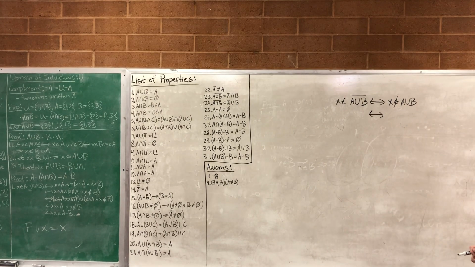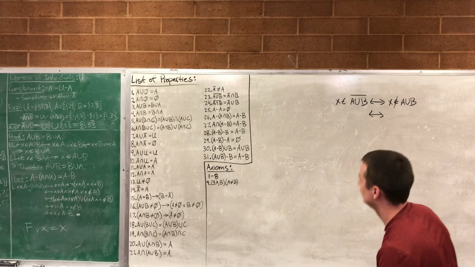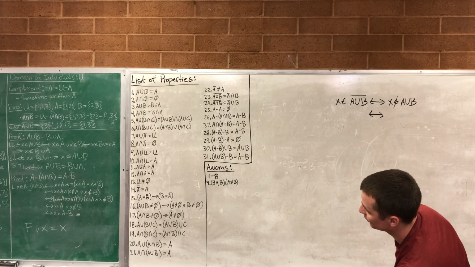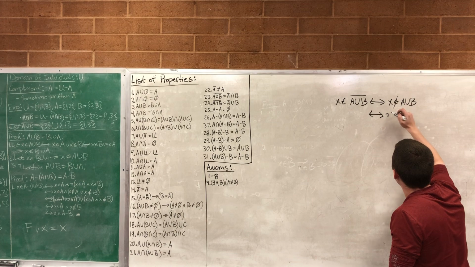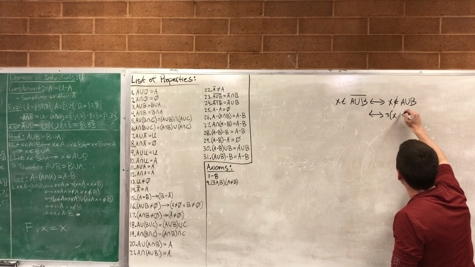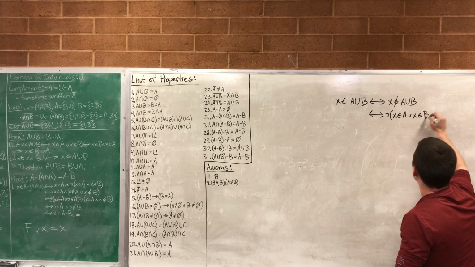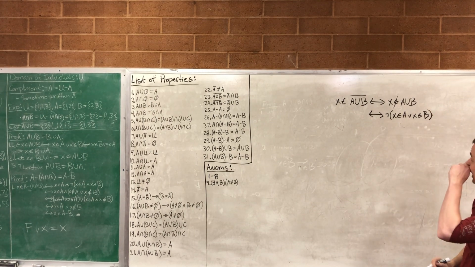You could change it to be not X is in A union B. Can I pull a not out over there? Or did I do another step? Not X in A or X in B. I think that's the next most logical step.